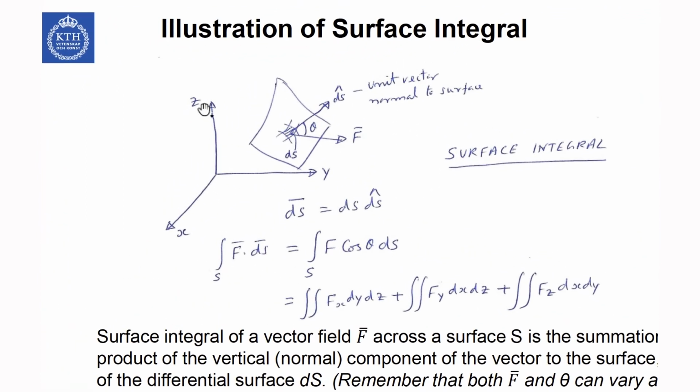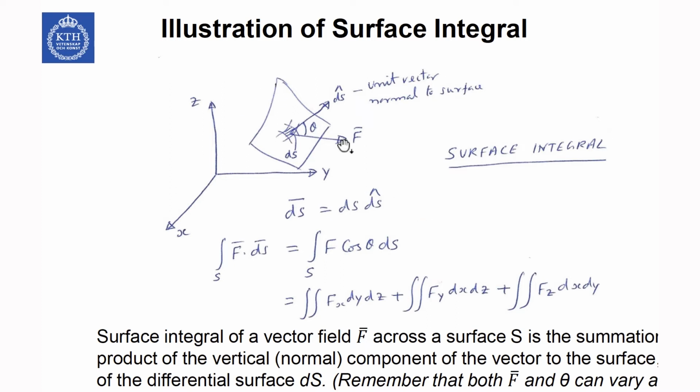This is the Cartesian coordinate system, and imagine some surface, and there consider a small elemental surface area ds. ds can be represented as a vector, and that is equal to the area of this small elemental area multiplied by the unit vector representing that area, and the unit vector is perpendicular to that small elemental area, perpendicular to that surface. Now there is a vector field F in space.